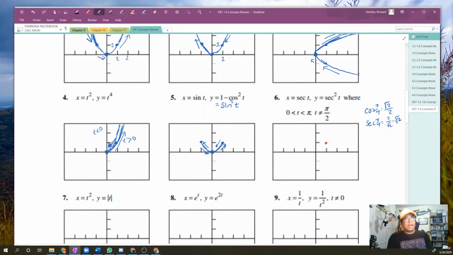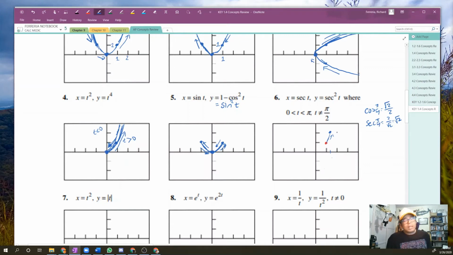So when t is pi over 4, the x-coordinate is about 1.4. So we'll just put a little notch right there at 1.4. Now the y-coordinate is going to be the square of square root of 2, which is 2. So that goes over here. So what we're saying is this graph will go over like this.